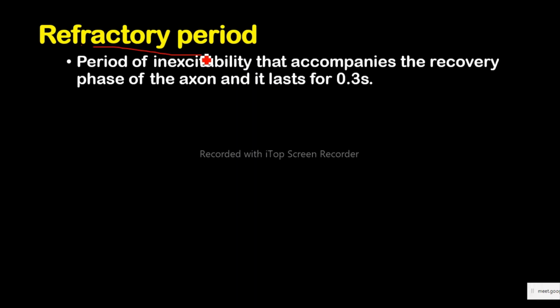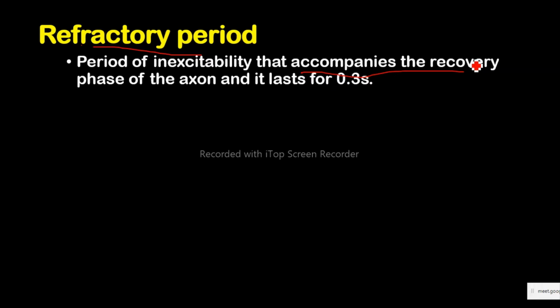Why? Because that neuron is in the recovery phase. It is recovering. It has conducted an impulse, but now it is in that recovery phase. It is trying to restore the resting potential, the membrane potential.